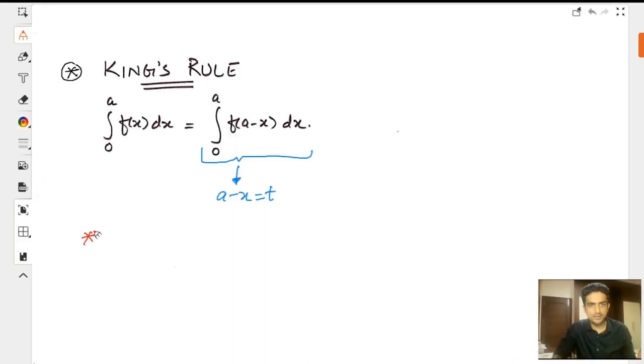Quite important application of this rule in particular is removing unnecessary, or better to say unwanted, x from integral.